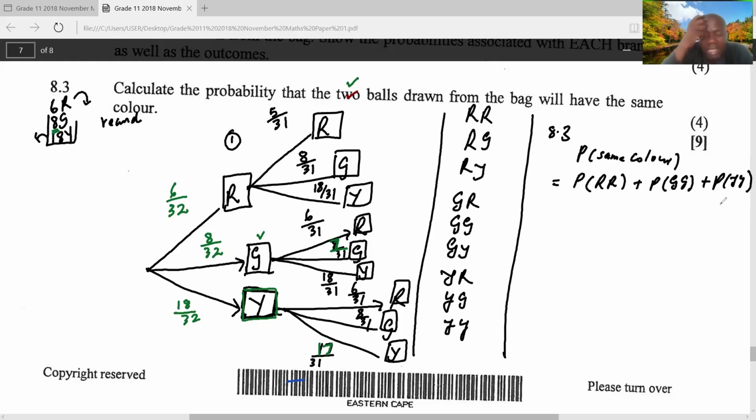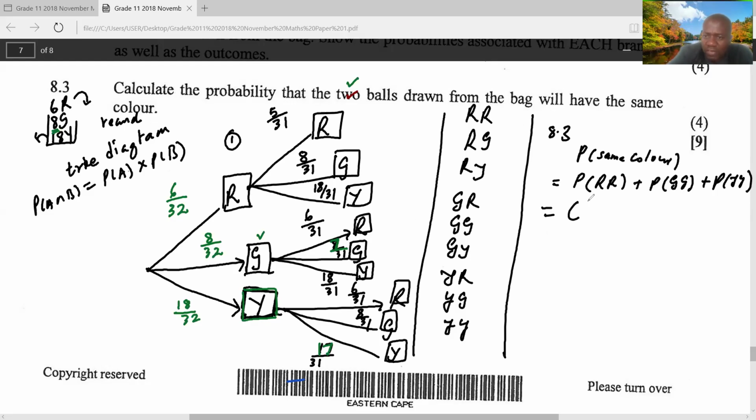And now, when we are using a tree diagram, we assume independence. In terms of independent events, we know that the probability of A and B is the same as probability of A times probability of B. So when we have probability of R and R, we just multiply this.